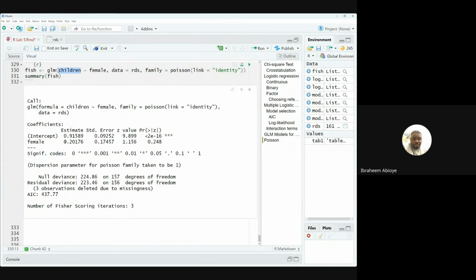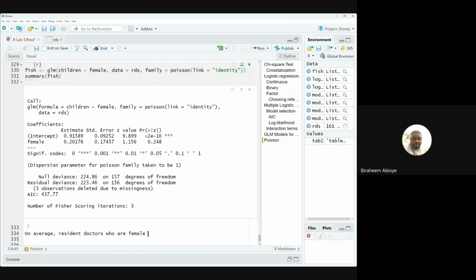So this is essentially telling us that on average, resident doctors who are female have 0.2.